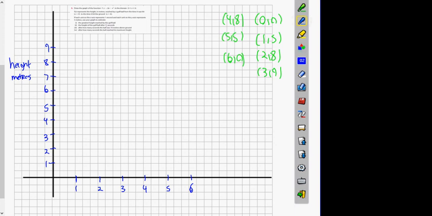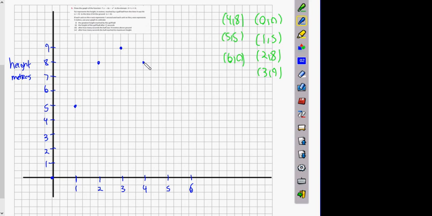Now, let's begin. 0, 0. Here. 1, 5. Here. 2, 8. There. 3, 9. There. 4, 8.